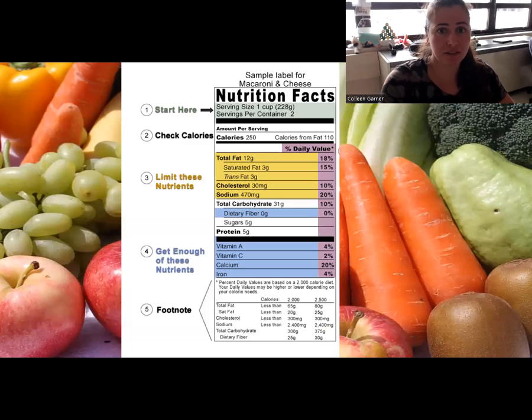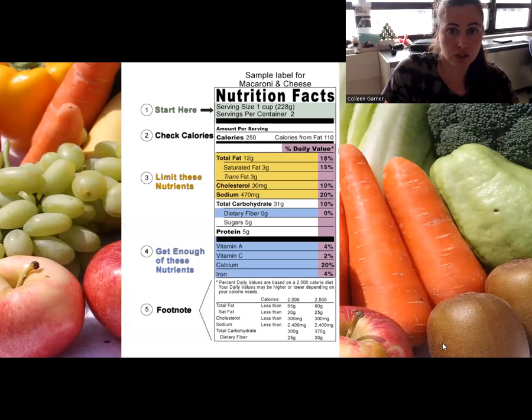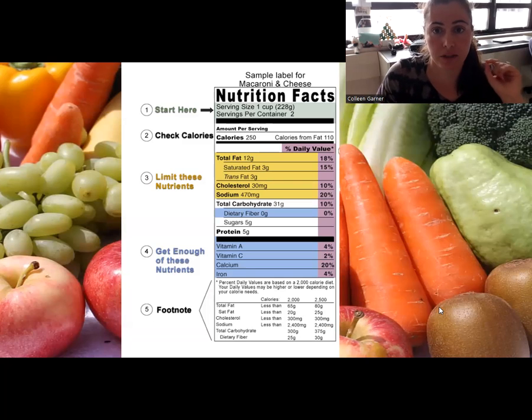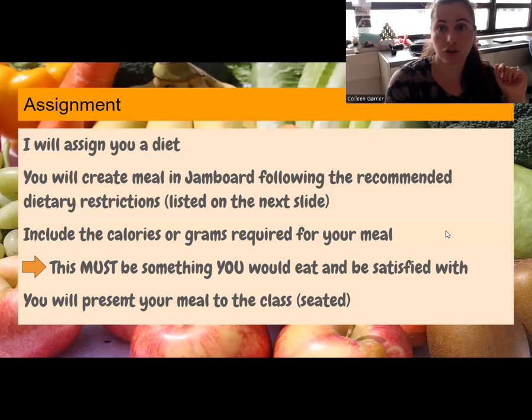I don't think I have enough time in this video to go through and look at the nutrition label. So I will add a completely separate little thing for nutrition labels, and I want you guys to work on your Jamboard. So please, Mrs. K is going to assign you a diet, one of those 4 that we just talked about, and I would like you to create either the calories or grams required in your meal.